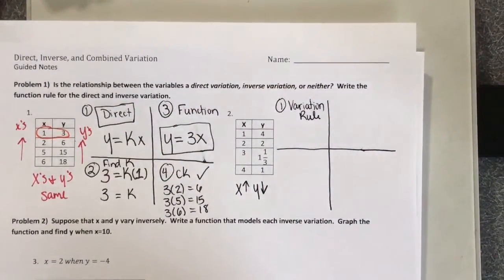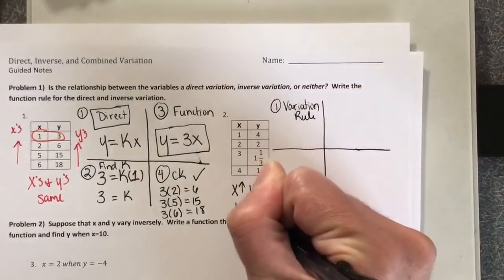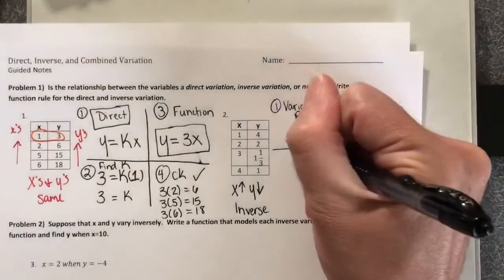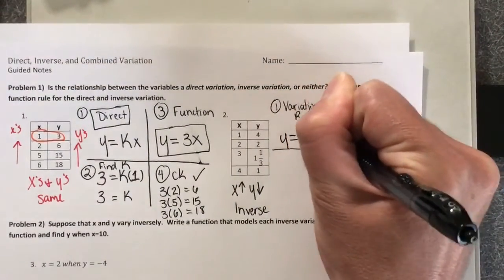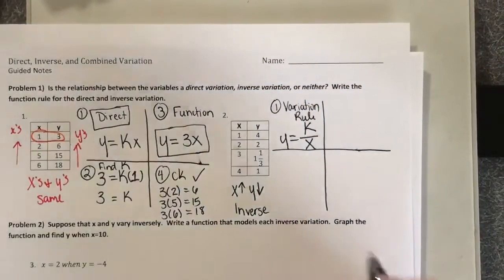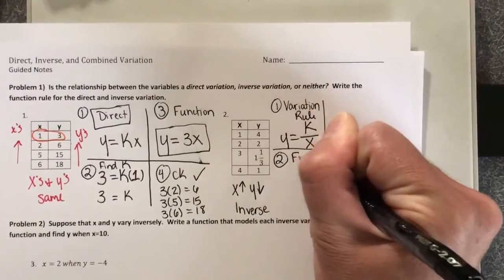Since that's the case, it appears that we're going to have inverse variation. Since it's inverse variation, our rule is y equals k over x. So now we have our variation rule. Step 2, find k.